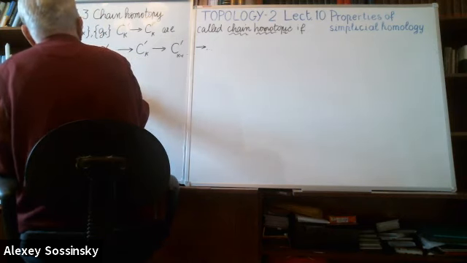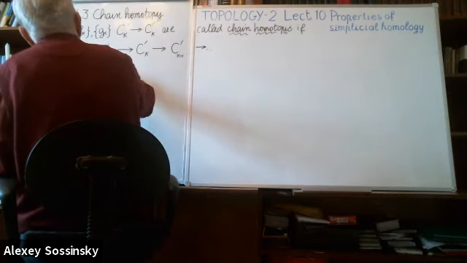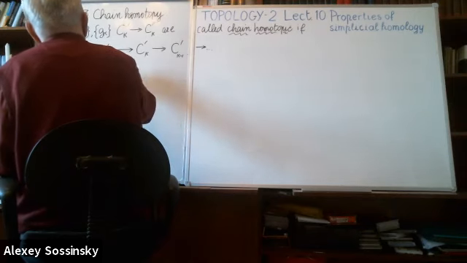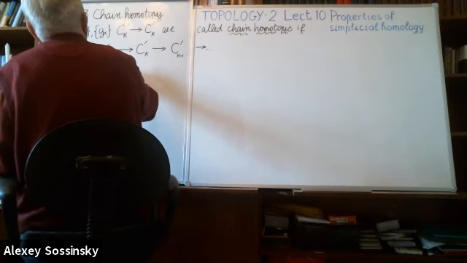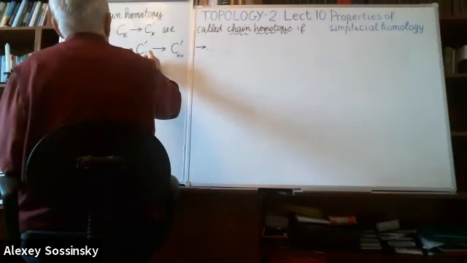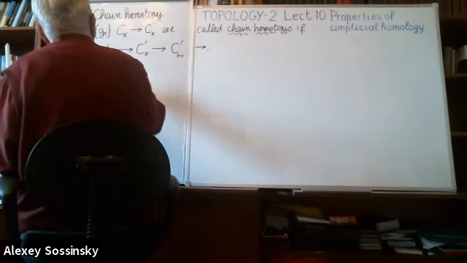Here we have C double prime k plus 1, and we have two maps, or two homomorphisms to be more precise, Fk and Gk, going down here, and similarly k plus 1, k plus 1.